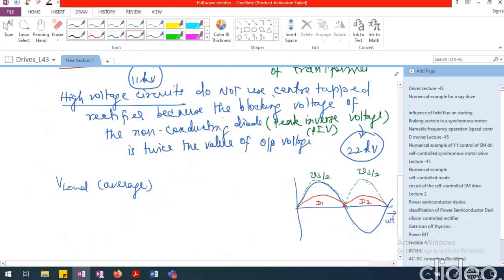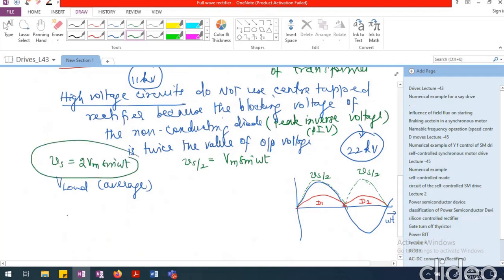Whereas Vs is going to be twice this value, because on the secondary side, the voltages are halved. This is how it is going to be. So V load average, if I say Vs divided by 2 is going to be some Vm sin omega t, so the source voltage Vs is going to be 2 Vm sin omega t.